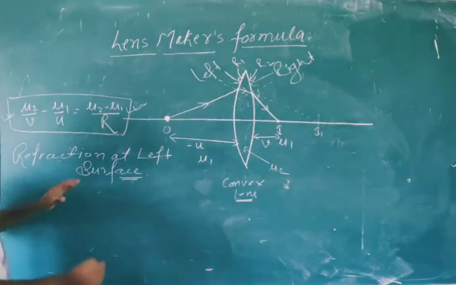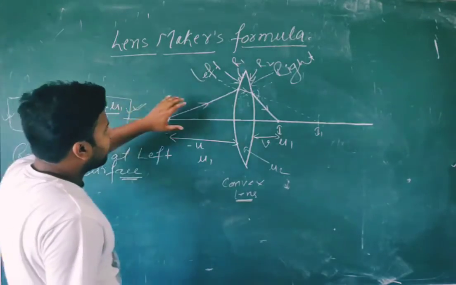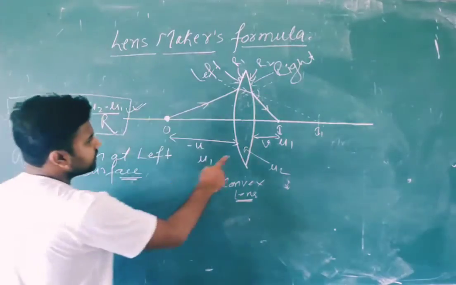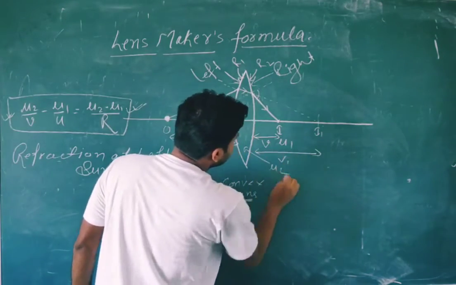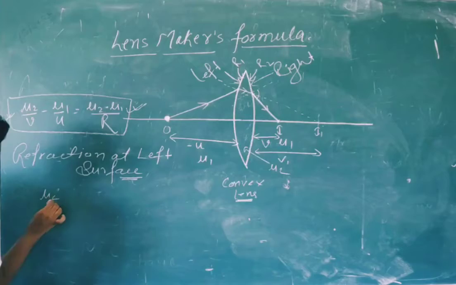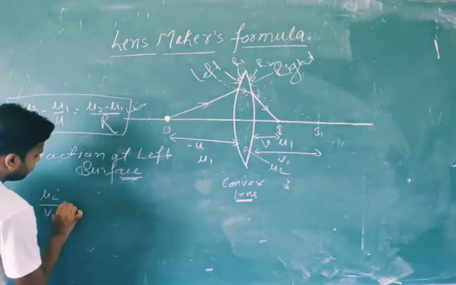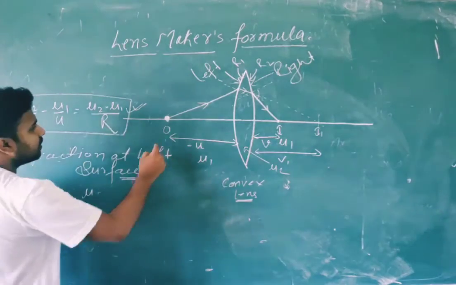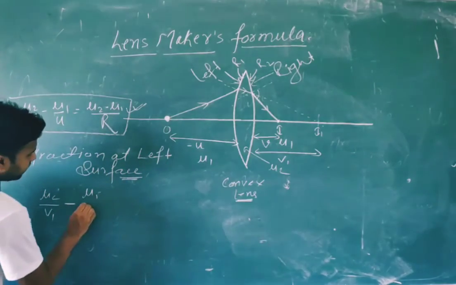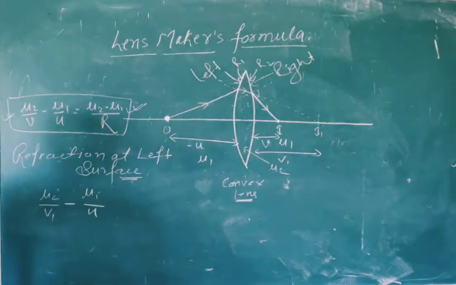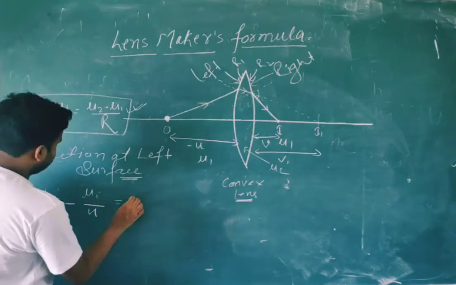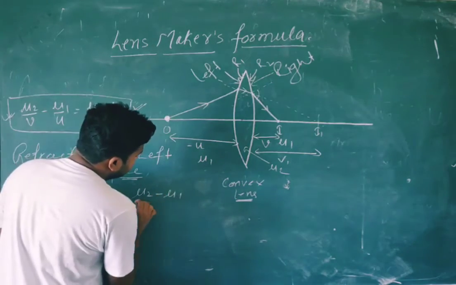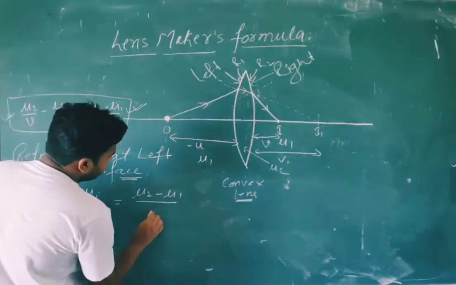Now if you apply this refraction formula at this first left surface, what can we write? Where is the image forming? At V1 distance. So we can write mu2 divided by V1 minus mu1 divided by u is equal to mu2 minus mu1 divided by R1.